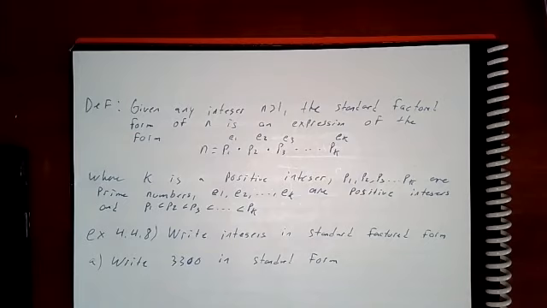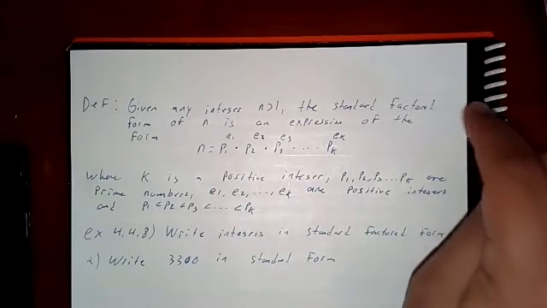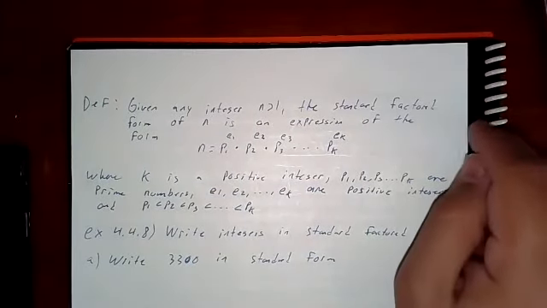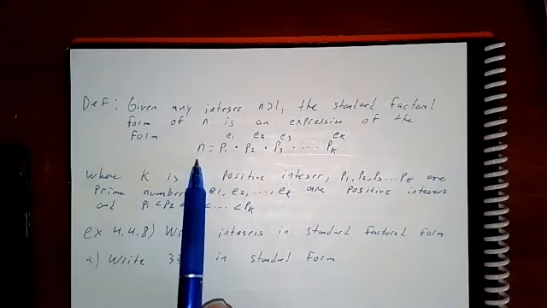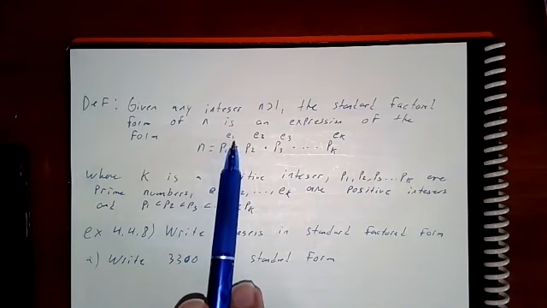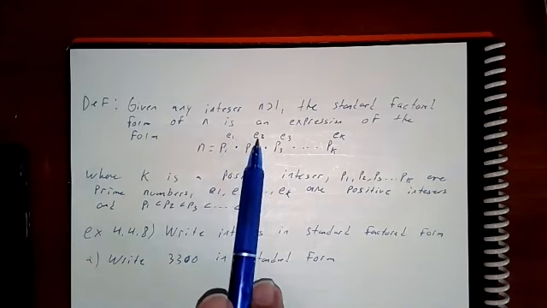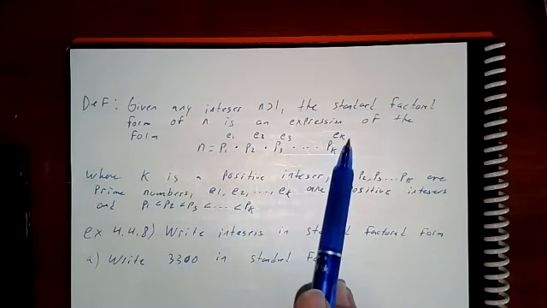Given any integer n greater than 1, the standard factored form of n is an expression of this form. So n, if it can be factored, will equal some prime p1 to the power of e1 times p2 to the e2, p3 to the e3, all the way to pk to the ek.